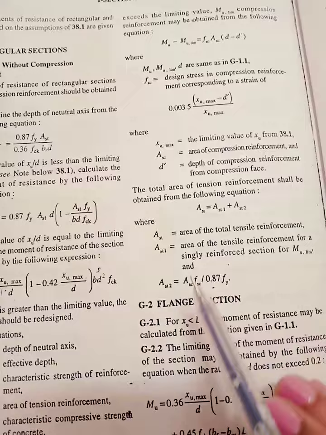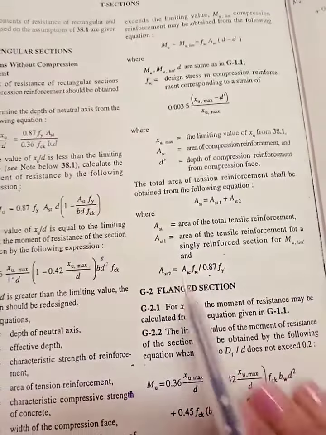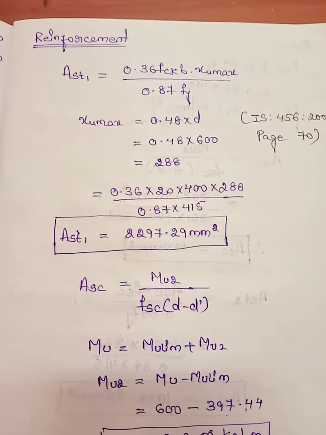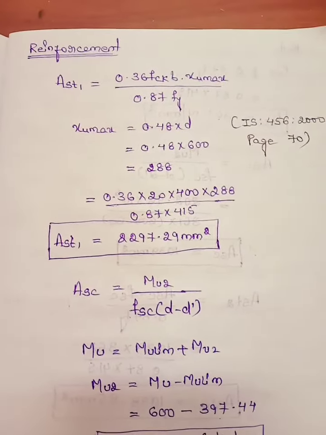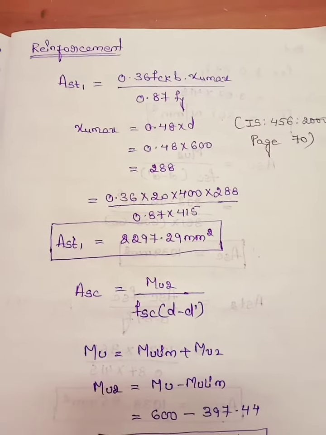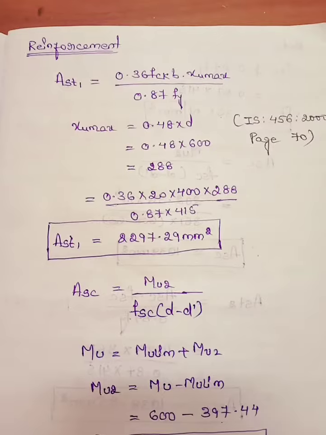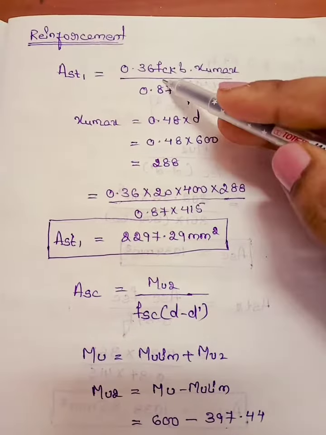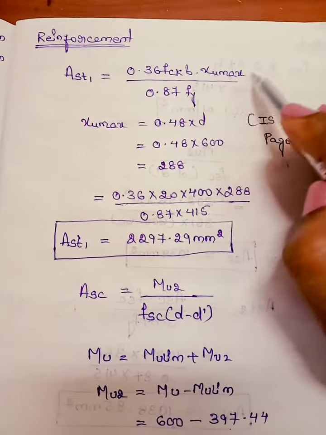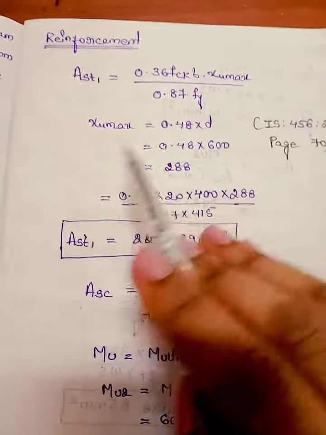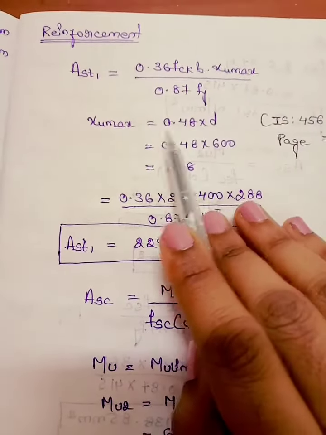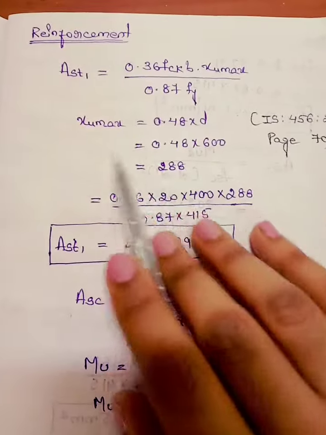AST1 is equal to 0.36 FCK B XU max divided by 0.87 Fy. In this formula we know FCK, B and Fy, but we don't know XU max. So first we'll find XU max, which is equal to 0.48 into D. This is taken from page 70.